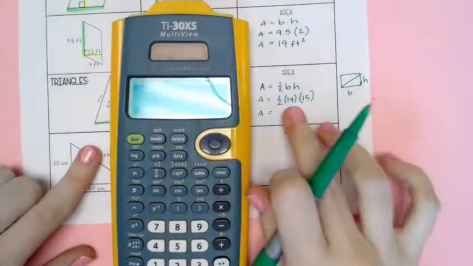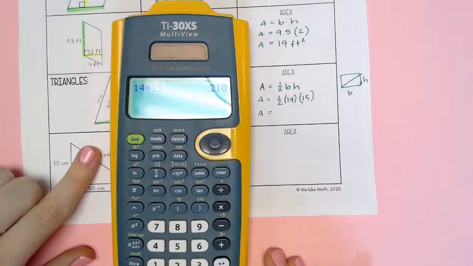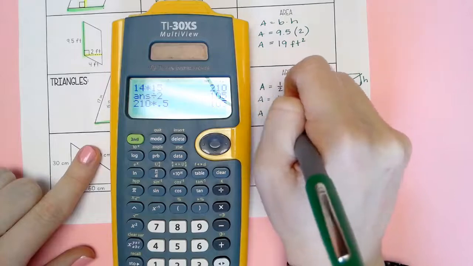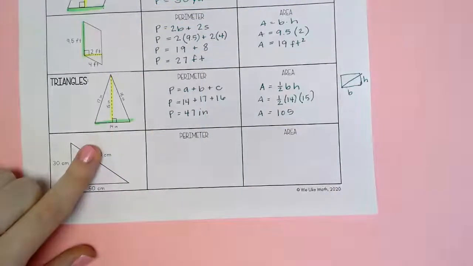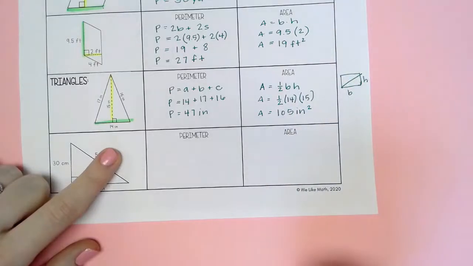I like to multiply these first, so 14 times 15. And then you can either divide by 2, or you can take that 210 and multiply by 0.5. It really doesn't matter. You're going to get the same answer. So I get 105. My unit is inches squared.